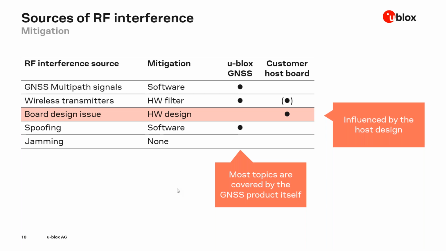And then there is spoofing. A spoofing attack is usually mitigated by software. And for jamming, if we talk about real jamming, high power jamming, there is usually no mitigation for a commercially available receiver.